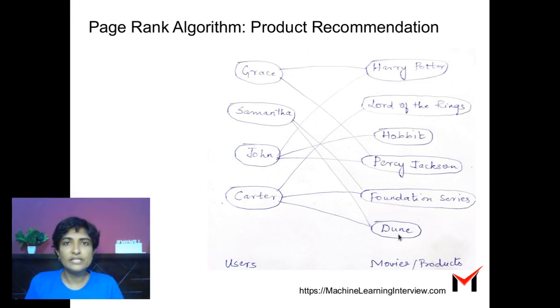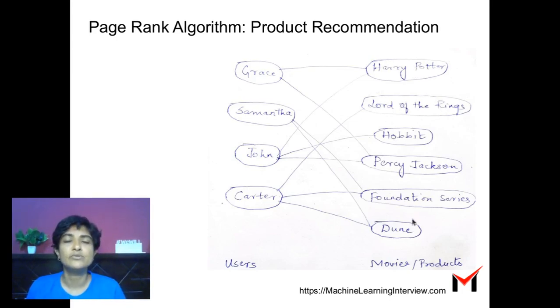Now this is an undirected graph, and using the variation for the undirected graph, we can compute the page rank for each of these nodes, very similar to what we have talked about earlier. And we can get the relative ranking of all these books.